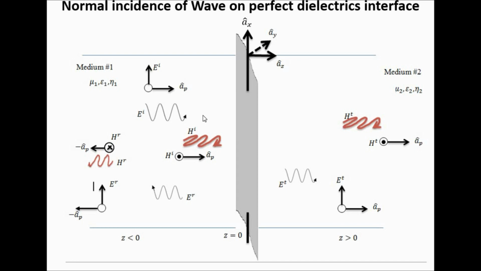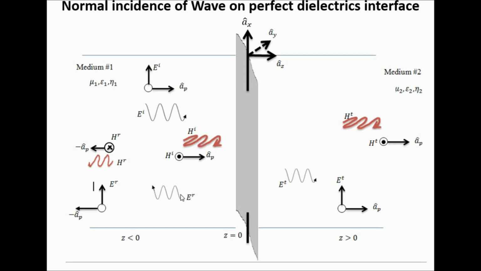And the incident magnetic field can be shown either this way. So this is in positive z direction and varies in y-axis. So you can show it this way or this way, simple line diagram.